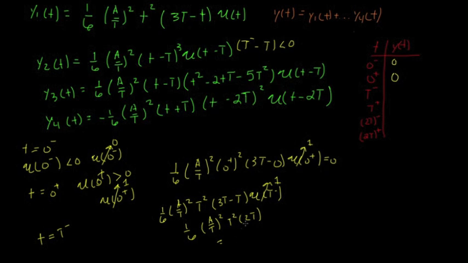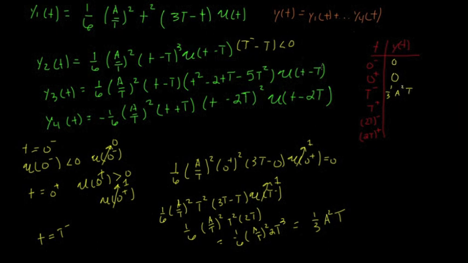And eventually, we would just get 1/6 a over capital T quantity squared times 2t cubed. And this would give us 1/3 a squared t. So at t minus, we would get 1/3 a squared t.